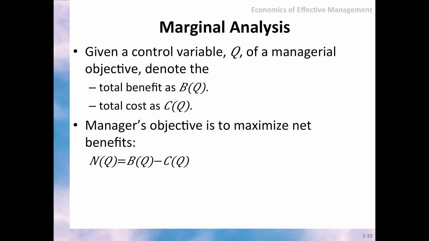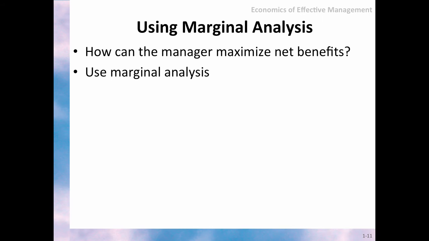Finally, one of the most important tools in economics is marginal analysis. This tool is used, for example, to determine the level of output Q that maximizes profits, which in this slide is defined as the difference between total benefits, B(Q), and total cost, C(Q). So how does marginal analysis work?